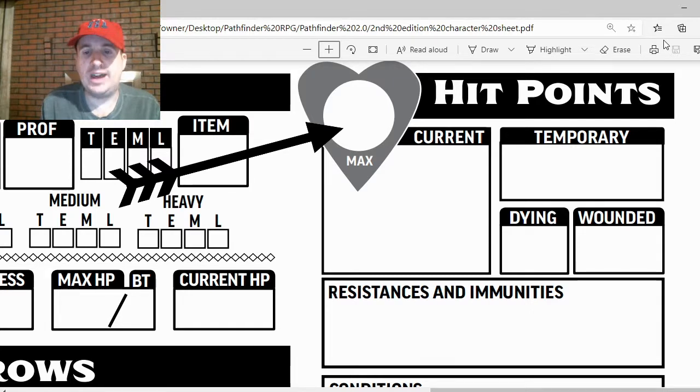At later levels, you just get your class hit points and your constitution modifier. You only get those ancestry hit points once. This does give you a bit more survivability at first level, but it does taper off because, like I said, you only get those ancestry hit points once.